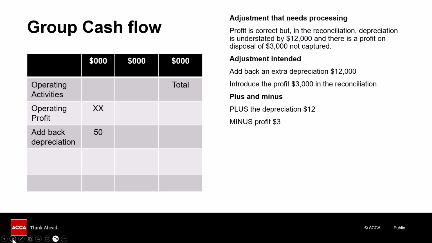And this is then how it looks. So your total column, not that I'm going to show you the total column, is 62 for the depreciation, and you would have a figure of profit on the disposal of -3.